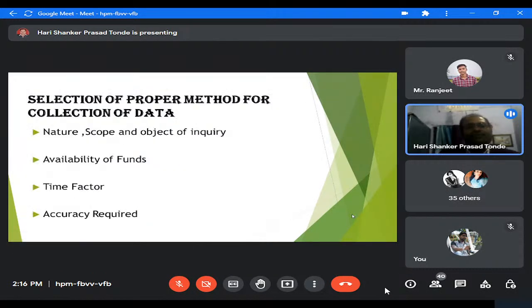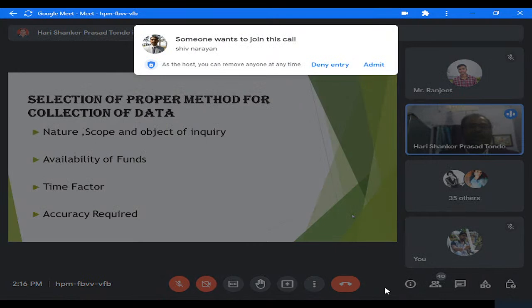Then comes the selection of a proper method for collection of the data. What methodologies are we going to use for collecting the particular data? The first is the nature, scope, and object of the inquiry. The second is the availability of funds. The third is the time factor. The time factor is very necessary. Why?